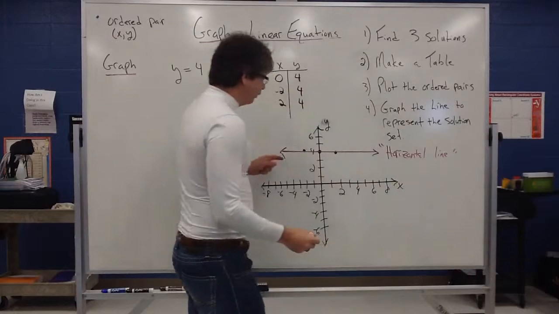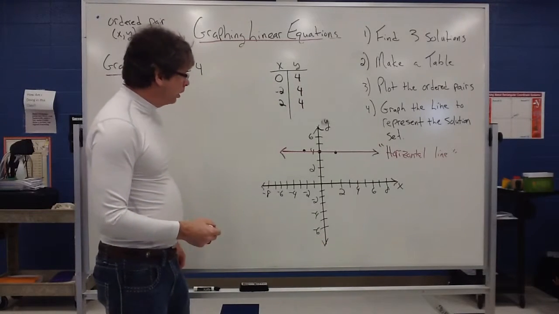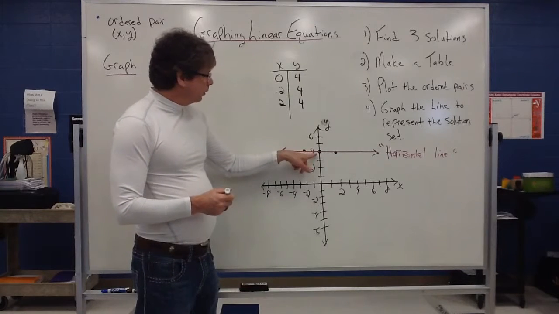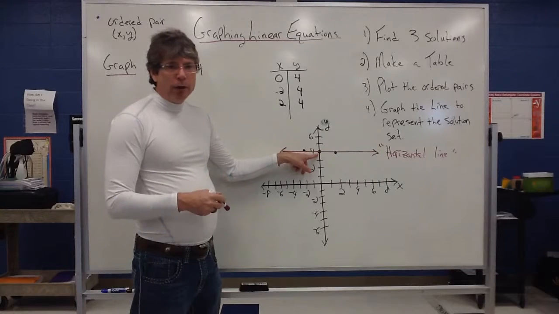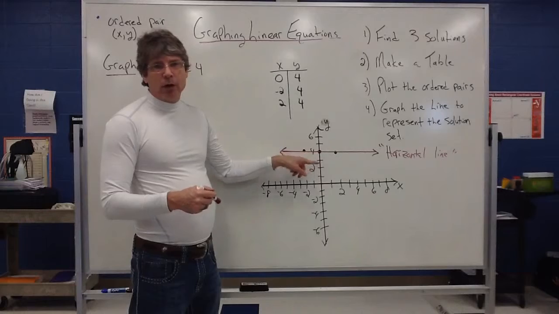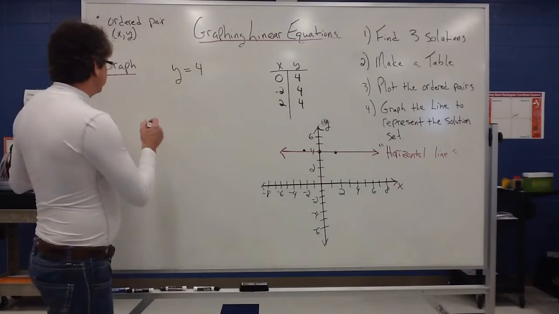So our solution creates what we refer to as a horizontal line. Also, something else to bring to your attention is this point on the y-axis. That point has a special name. A lot of times we'll call that our y-intercept. Where it crosses the y-axis is referred to as the y-intercept.